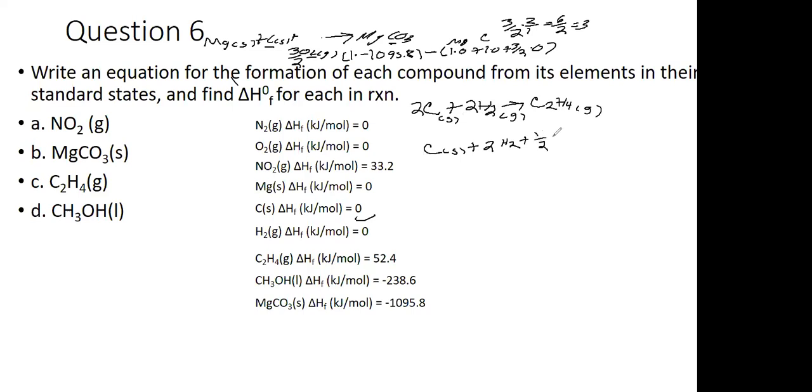So it's 1/2 O2 gas will make CH3OH liquid. So that's how we write an equation for delta H of formation reactions. Any questions about anything I did there?